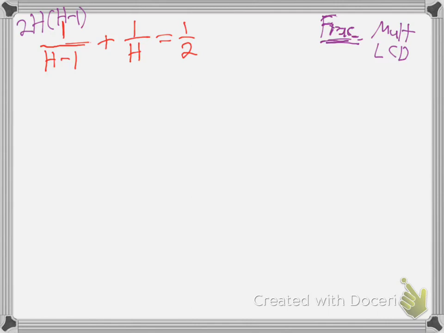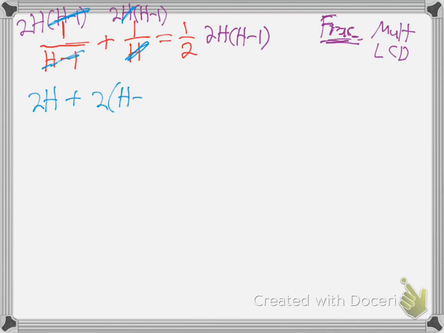We put it on the left, in the middle, and on the right. We put it everywhere. Okay, so then we cancel. h minus 1 cancels h minus 1, and we just get 2h. And h cancels h, and we get 2(h minus 1). And 2 cancels 2, and we get h(h minus 1).